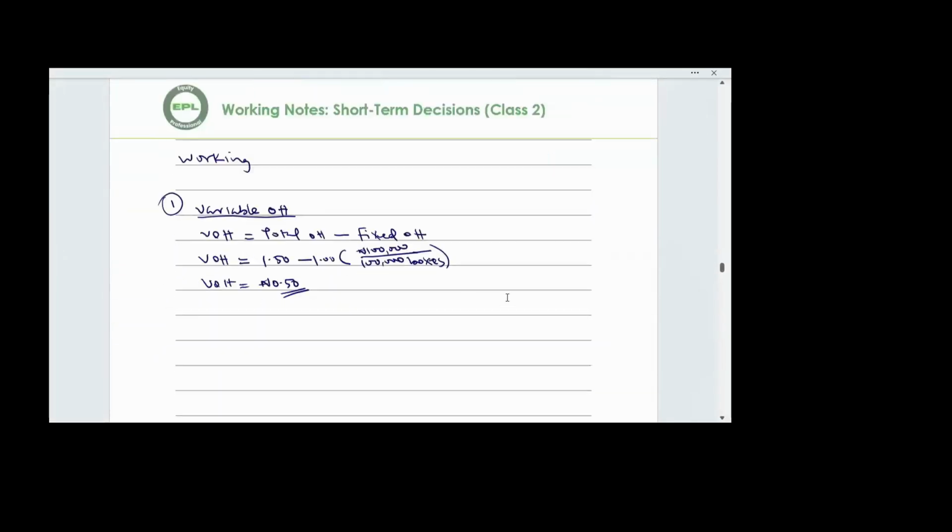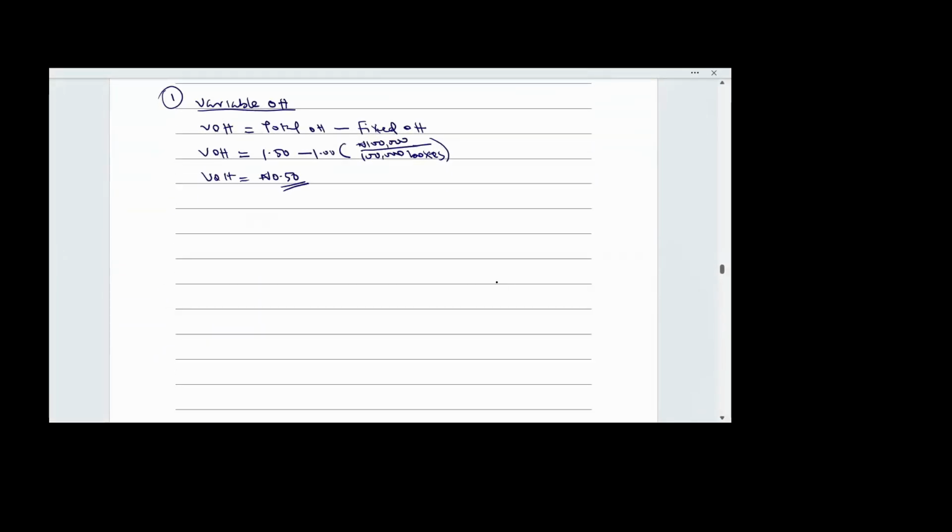No space again, so let me go after the working. Number 4. In this situation, what are we supposed to do? Let me throw it open. We are told that considering requirement number 3, the company has the option of making and buying at the same time. What are we supposed to do?